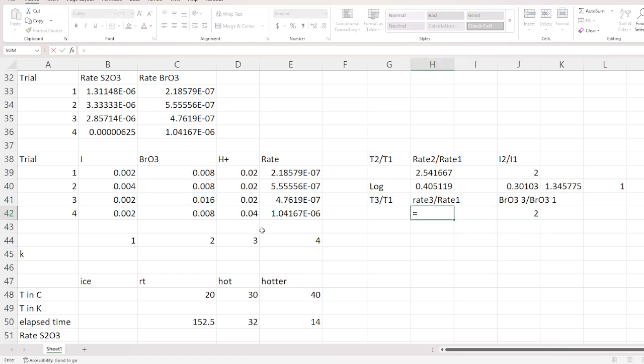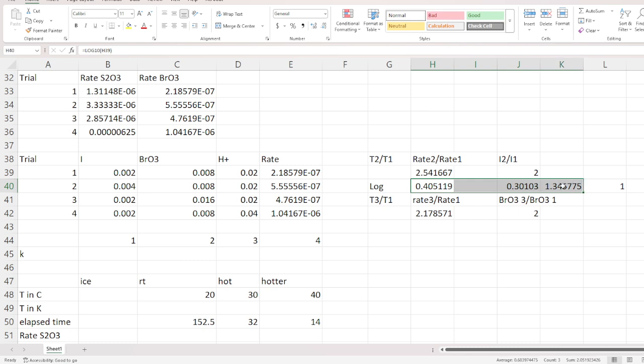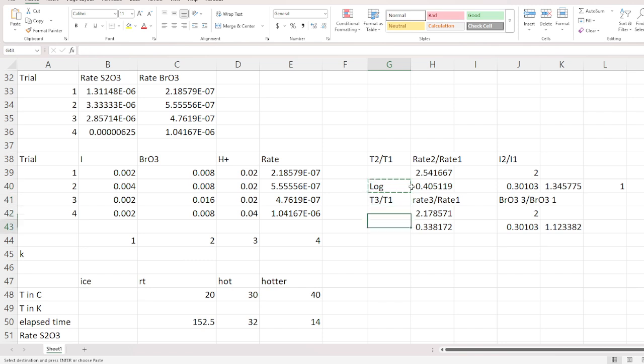What's my rate here divided by my rate there? About 2. Copy these things over. Well, what do you know? When I copied that over, because I have this set up in the exact right spot, it works out perfectly. And then I'll do this one more time.